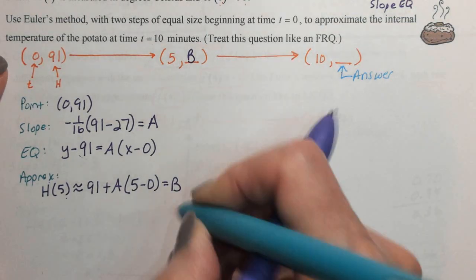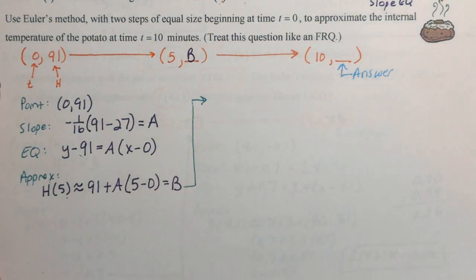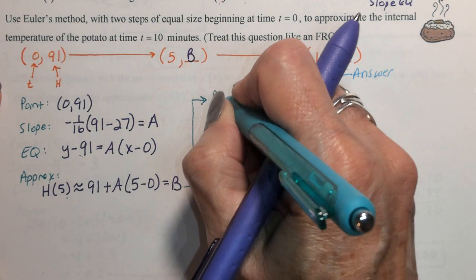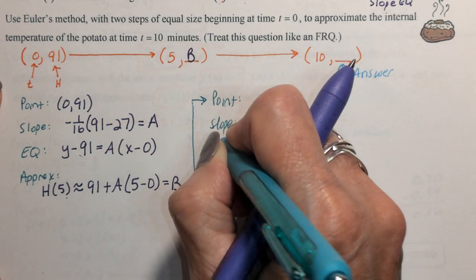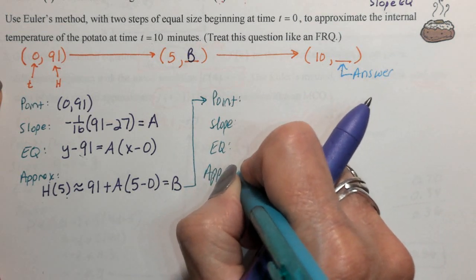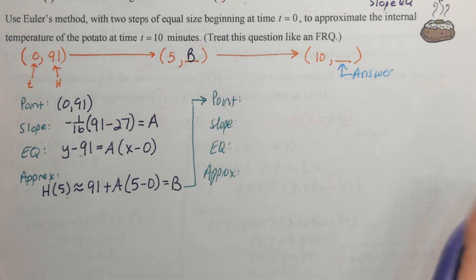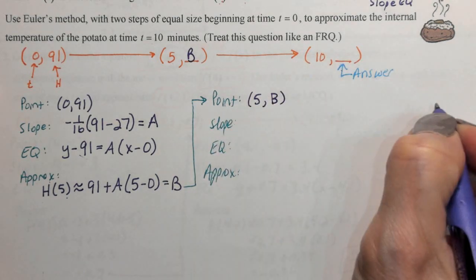And now we go and use that point in our second step. So point and slope, and then EQ. And lastly, approximation. The new point is the point 5, b.